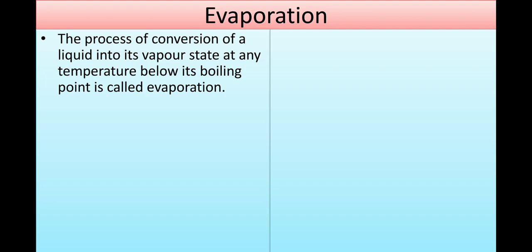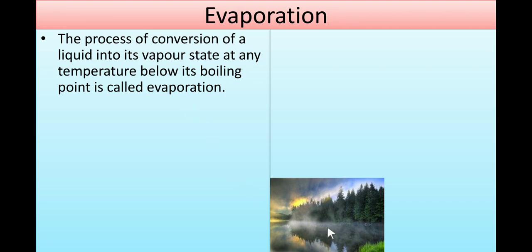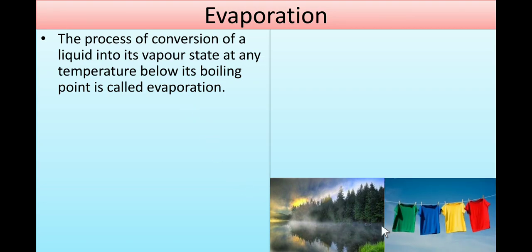Water, when left uncovered, slowly changes into vapor. For example, wet clothes dry up due to evaporation. This is an example of evaporation. This is also an example of evaporation.